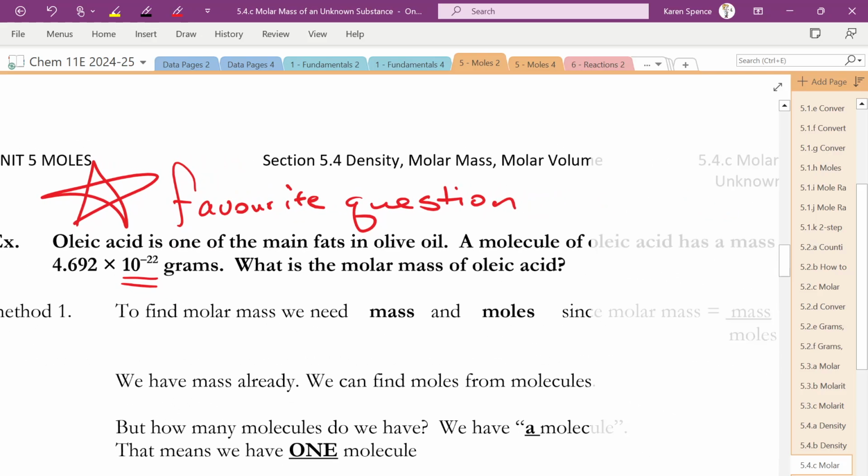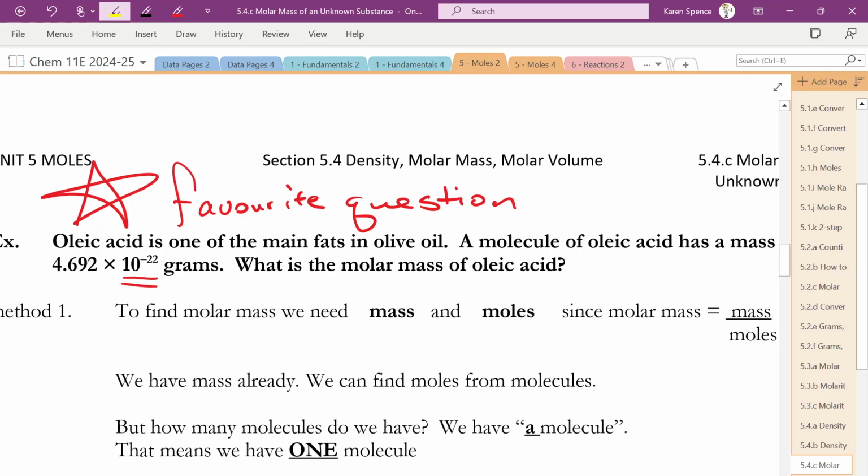The key to this question is realizing that you have a word here that is actually a number. What number is that? 1. Okay, so people will often get to this question and they'll be like, I don't have a number to start with. I don't know what to start with. If it says a molecule, it's going to say it's 1 molecule.